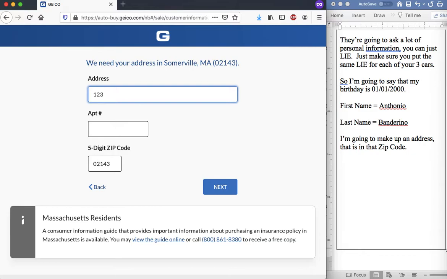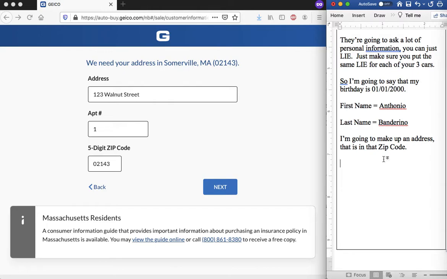One, two, three Walnut Street, apartment 1. That is not my address.